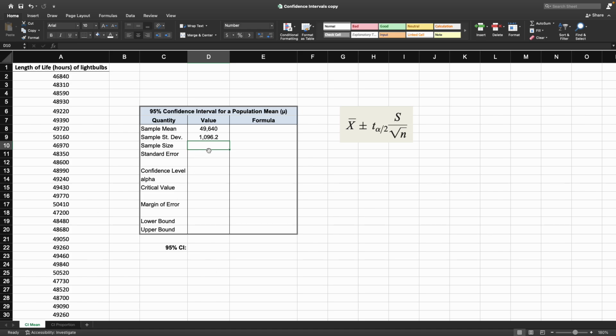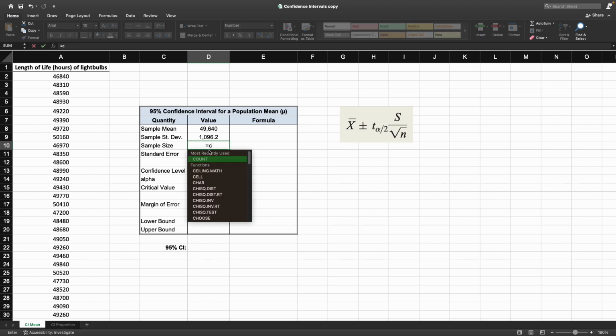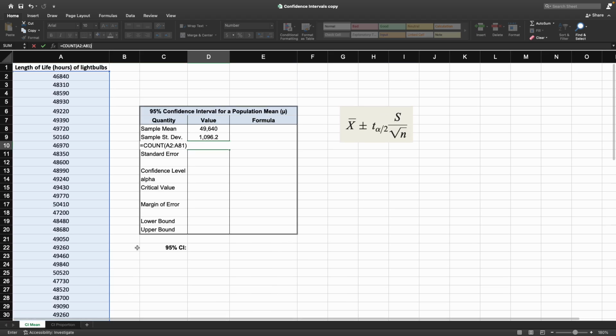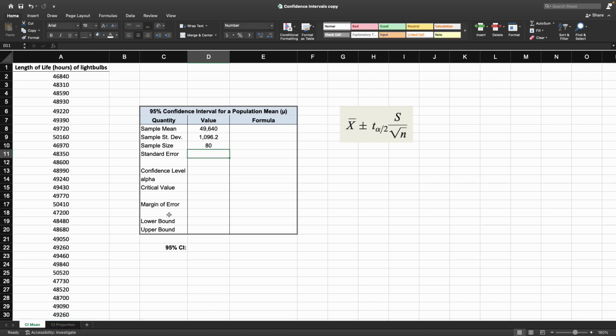Okay, sample size, so here we can use the count function, so equals count, select our data, and enter.